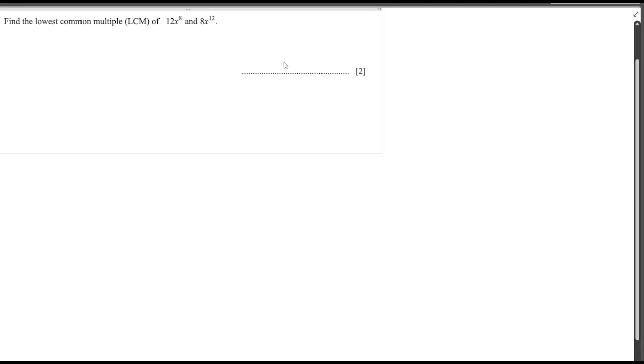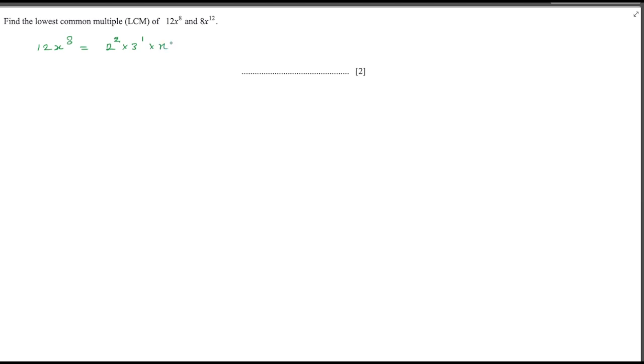Now the lowest common multiple, so LCM. For LCM what you do, this 12 x raised to 8, you write this as 2 power 2 times 3, since 4 times 3 is 12, and this is x power 8. And 8 x power 12, 8 I will write as 2 power 3, and x power 12 I will write as x power 12 only.